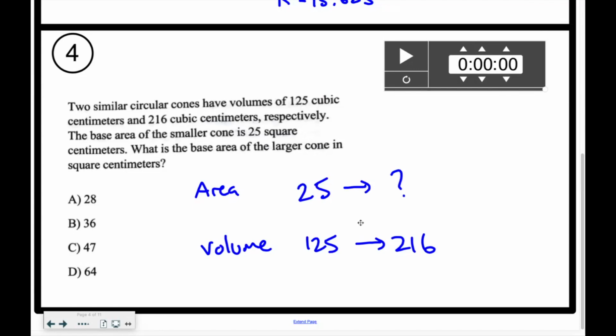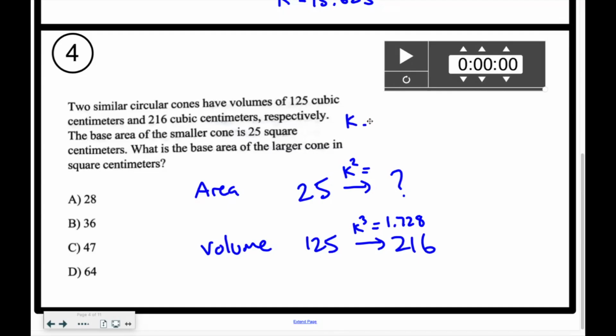So I know always that volume gets multiplied by k cubed, and area always gets multiplied by k squared. With the given information, I find k cubed first. So 216 divided by 125, again, you get a weird number. You get 1.728.